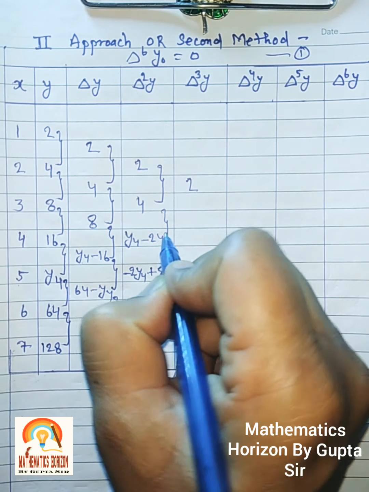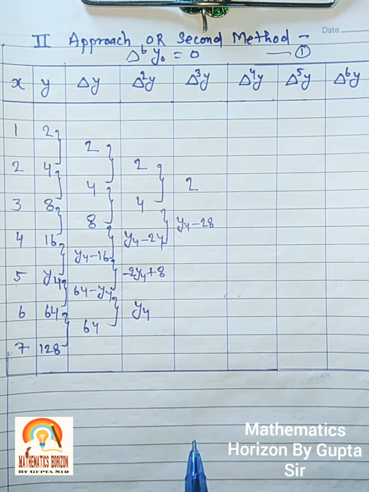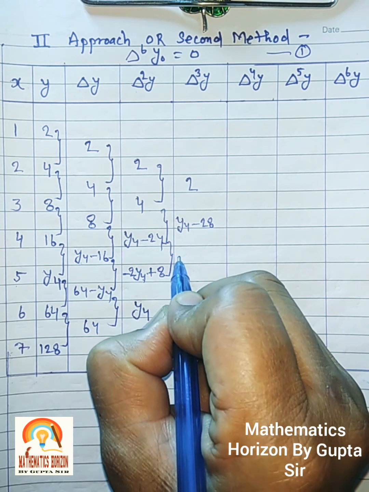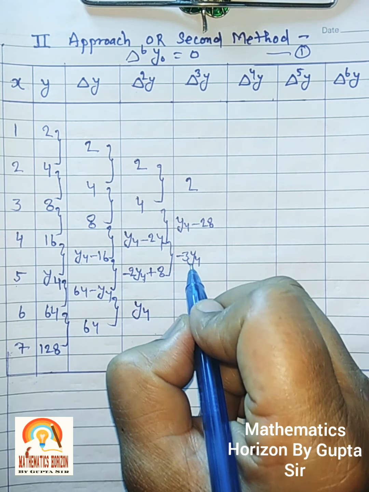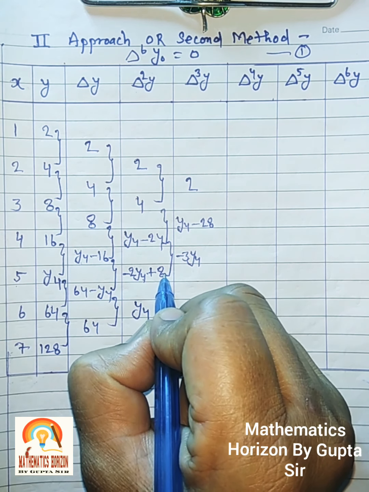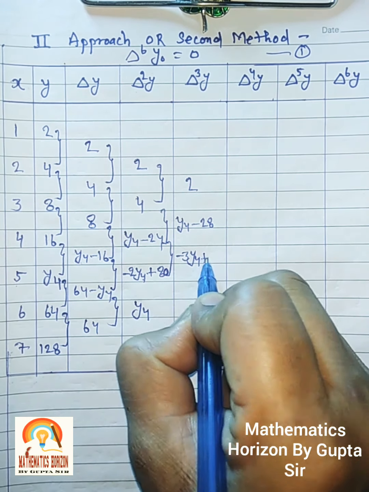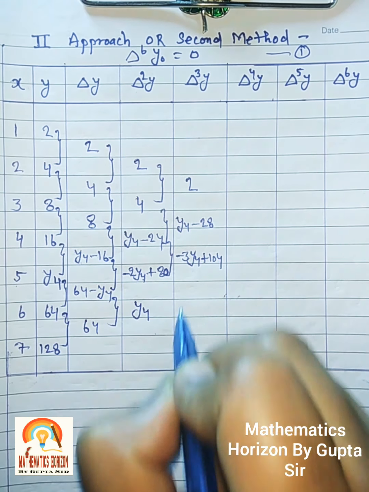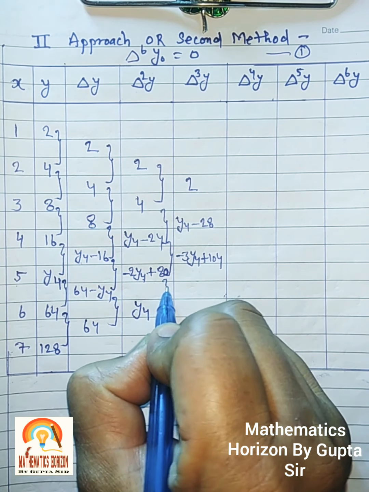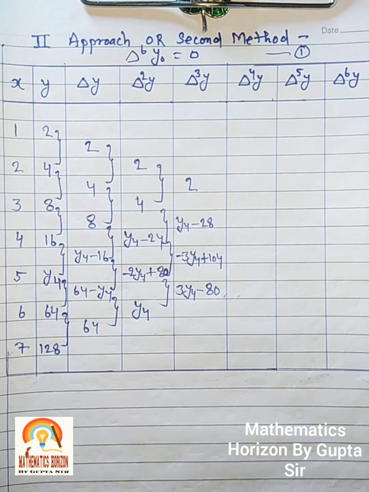This minus this, what we get here in third order is y4 minus 28, and this minus this term we get minus 3y4 plus 80, minus 3y4 plus 104, and here 3y4 minus 80. These are the differences of third order.